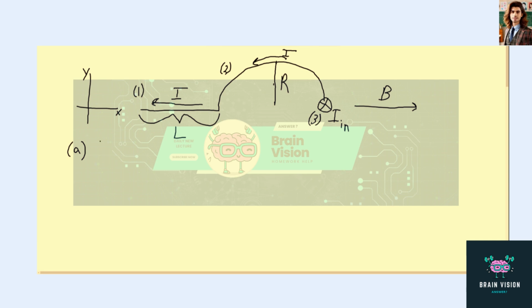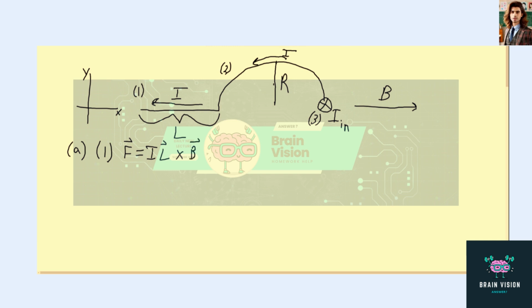Okay, so first off, this straight segment pointed in the x direction. What we'll use here is this equation: the force on a current due to a magnetic field is the current times the length crossed with the magnetic field.